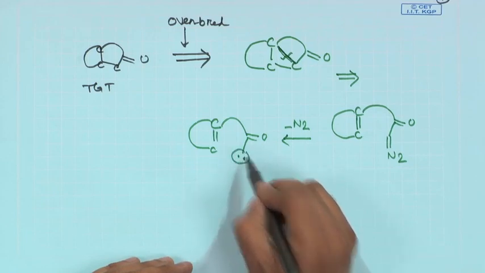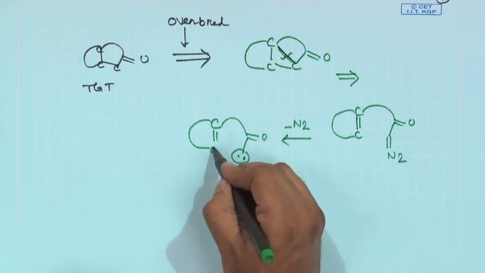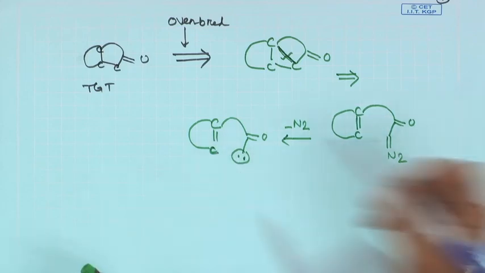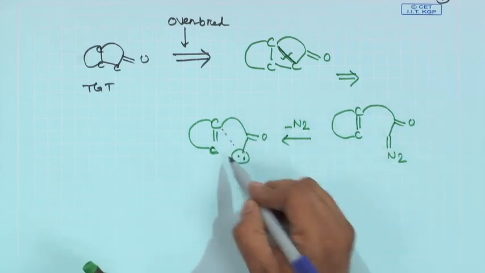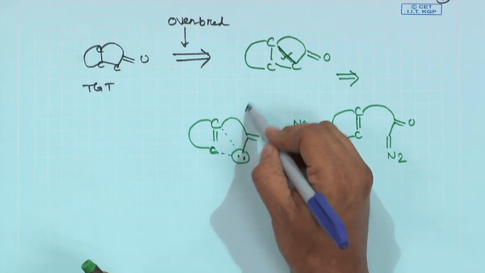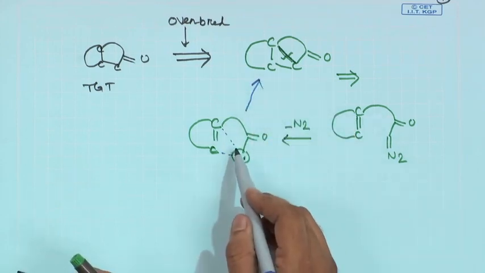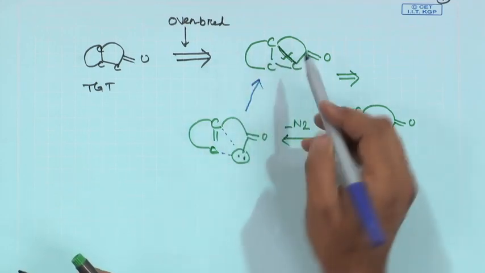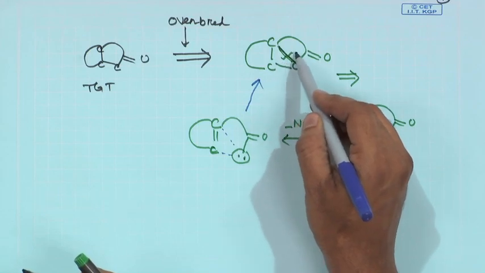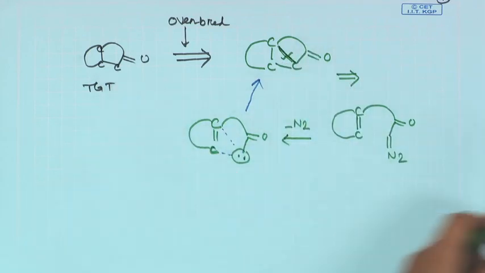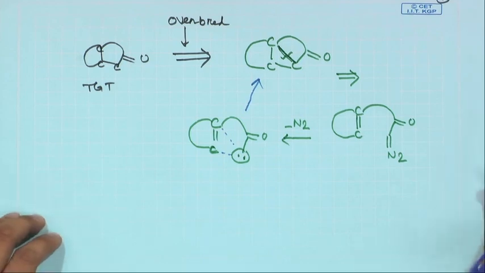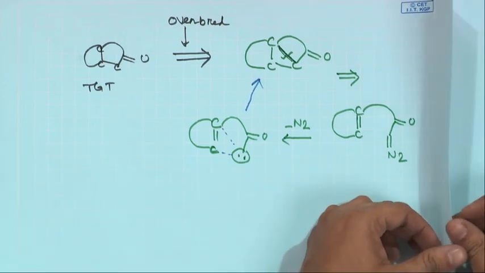Now, this acyl carbene will undergo 2+1 cycloaddition, so this and this give you this product, and then this intermediate is reductively cleaved to give you this target. So, this is a demonstration of how this overbred intermediate can be used.